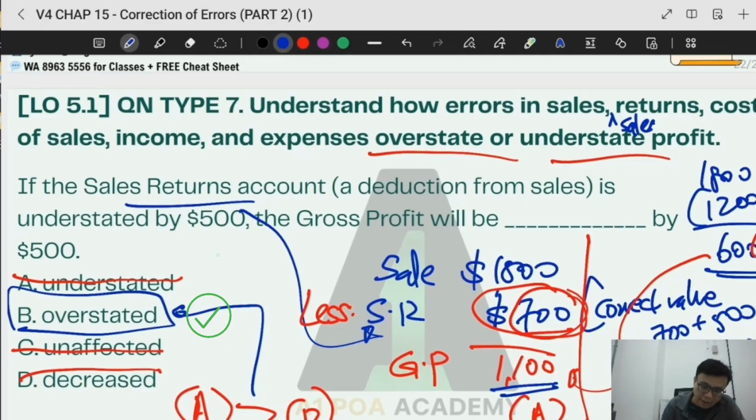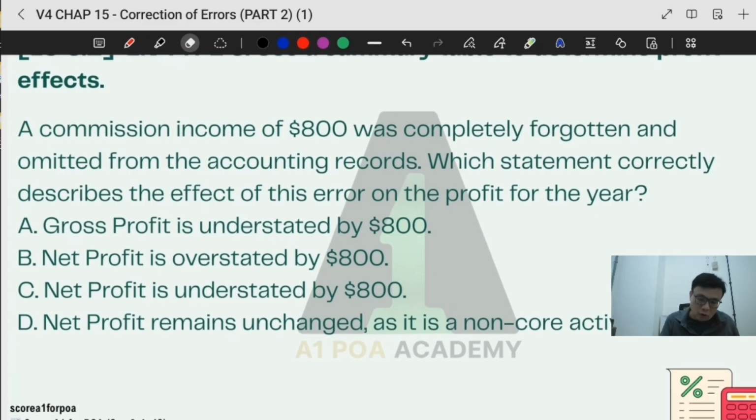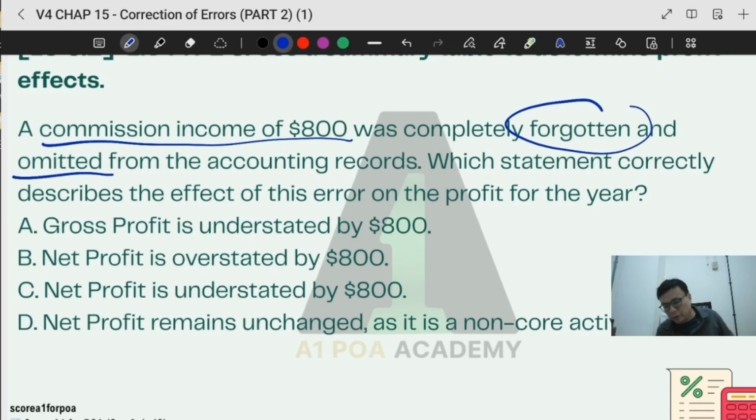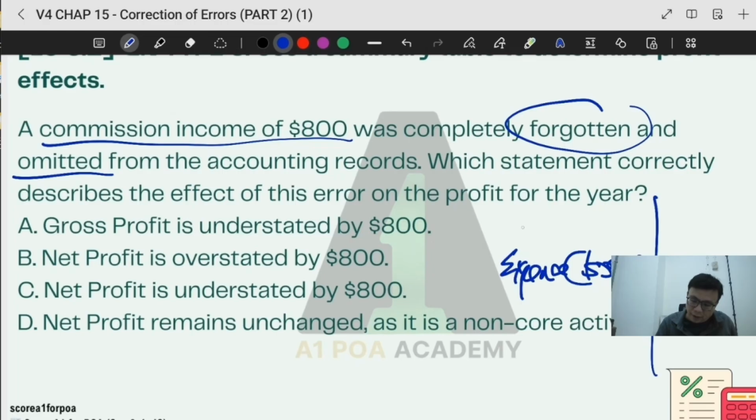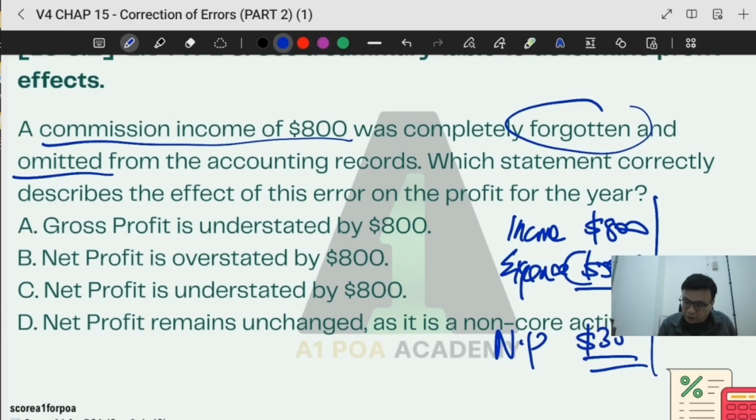Answer is B. Okay. This question talks about a commission income of $800 that was completely forgotten and omitted from the accounting record. So with all things being equal, you have expenses, let's say $500, and a commission income of $800. Assuming the $800 is being recorded, you will have a net profit of $300.